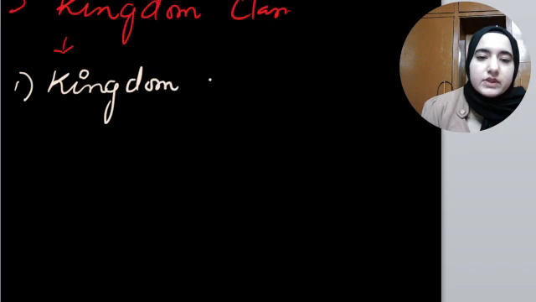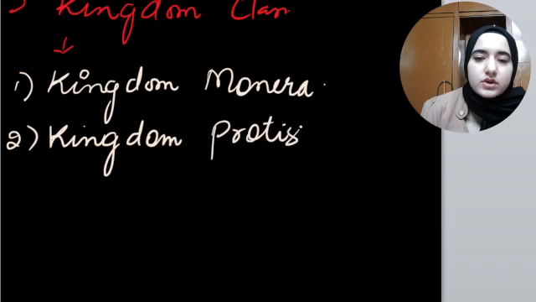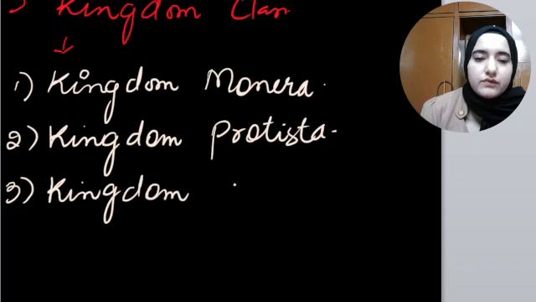Later, in five kingdom classification, we have obviously five kingdoms, right? Let's see which kingdoms. First kingdom is Kingdom Monera. Then we have Kingdom Protista. Then we have Kingdom Fungi.